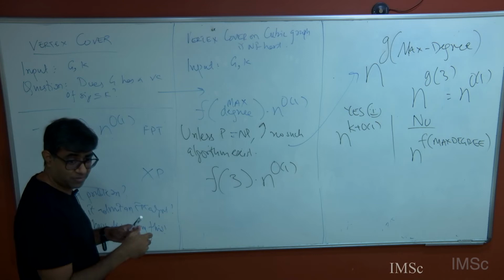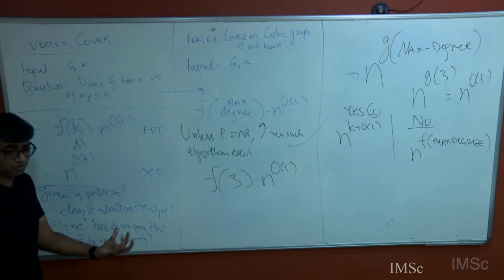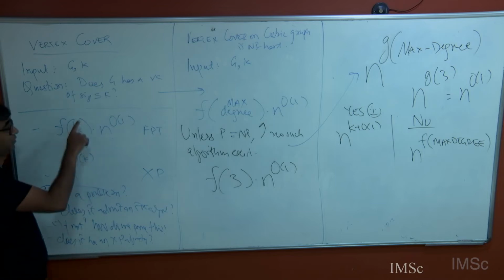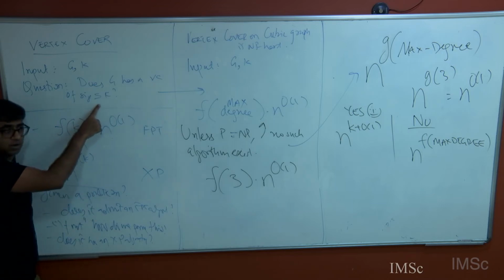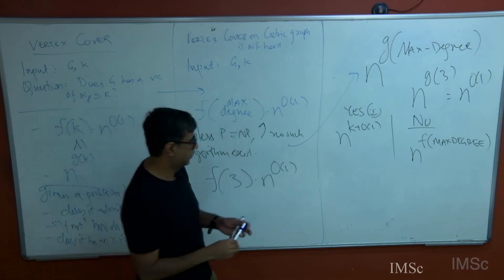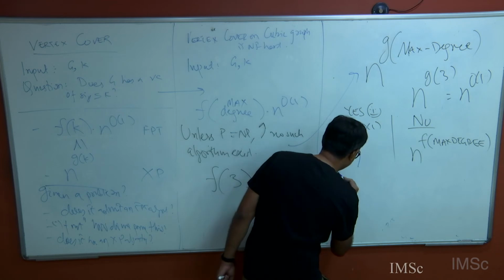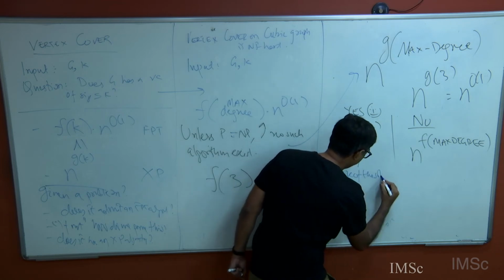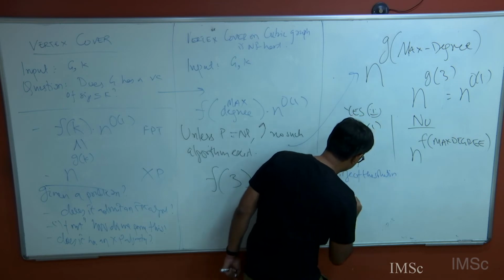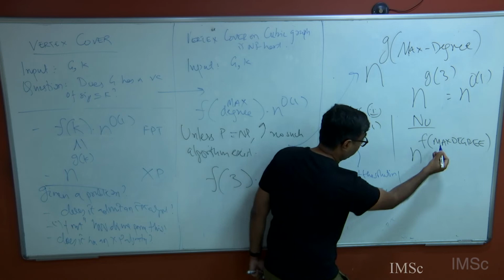So now the problem is the same, but if you want to measure the running time of your algorithm as a function of k, what is this k? It is the size of the solution we are seeking. What is here?